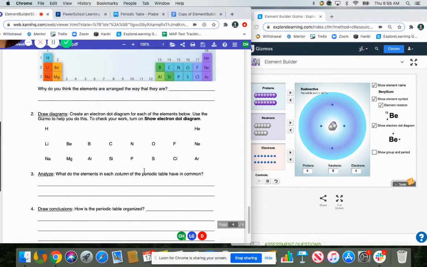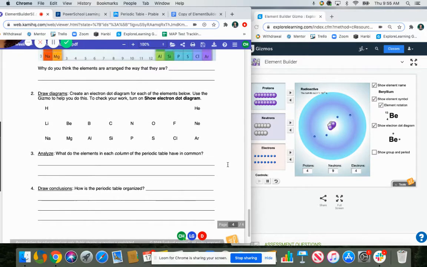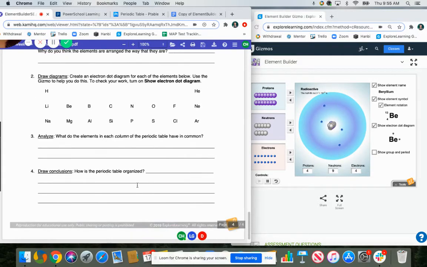And so you're going to look at the columns. What do the elements in each column have in common? Okay, and it has something to do with their valence electrons. And then you can talk about how it's organized. So that's how this ends.